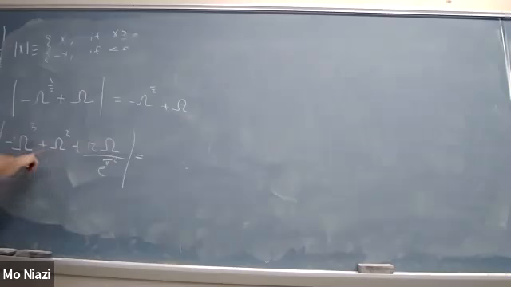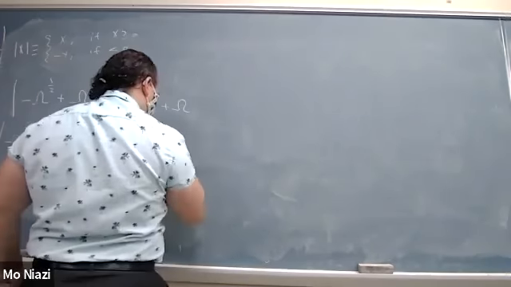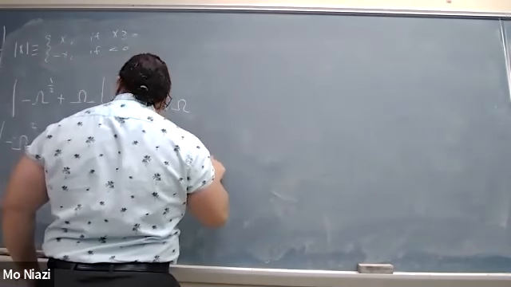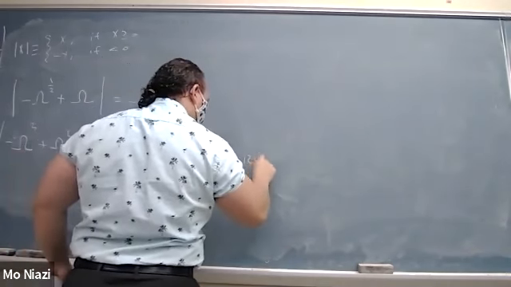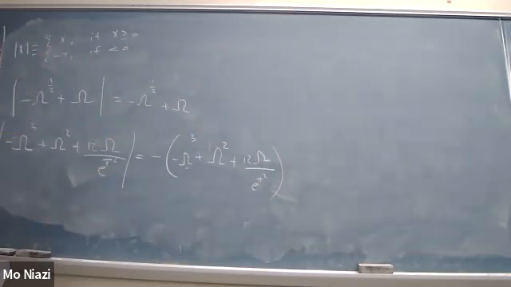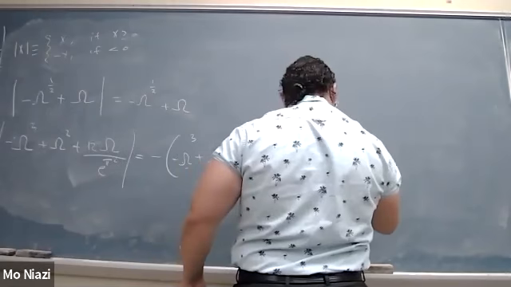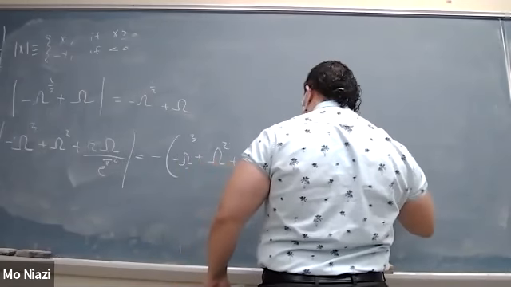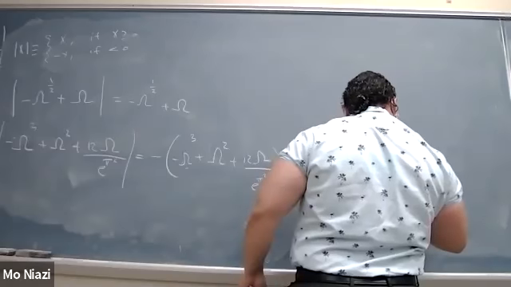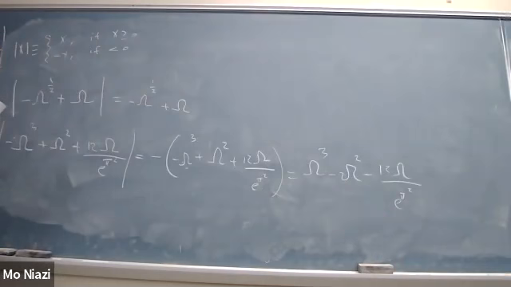The whole thing or just one of these? The whole thing. Very good. The whole thing is endowed with a minus, and we must ensure that it distributes to all the terms. So make sure you distribute it. Notice that when you distribute it, it equals this. So that is what it equals.